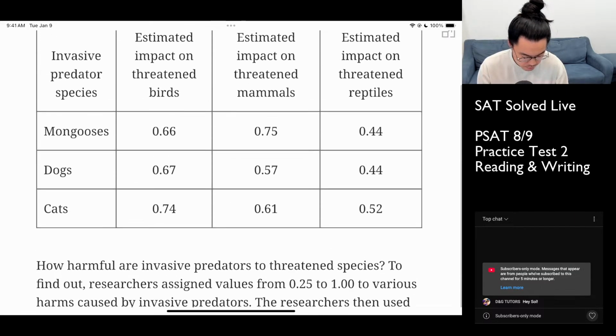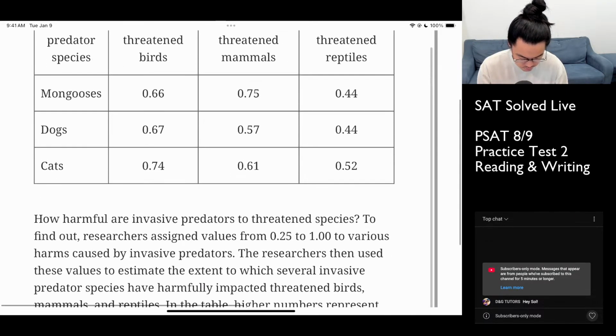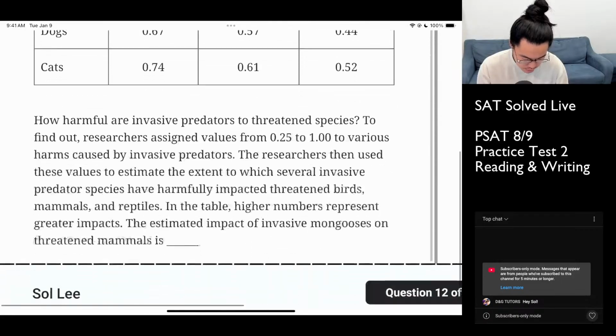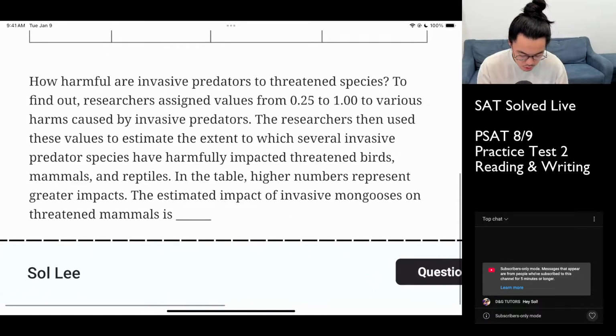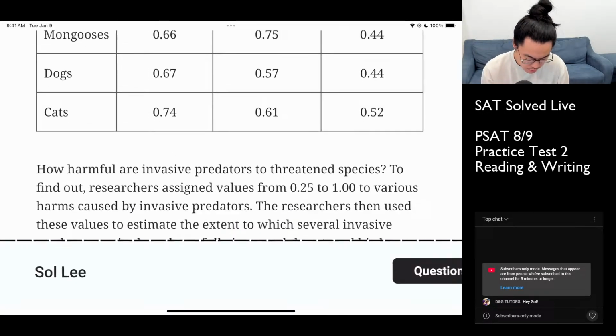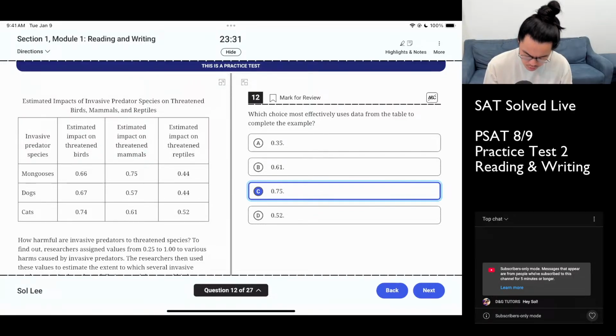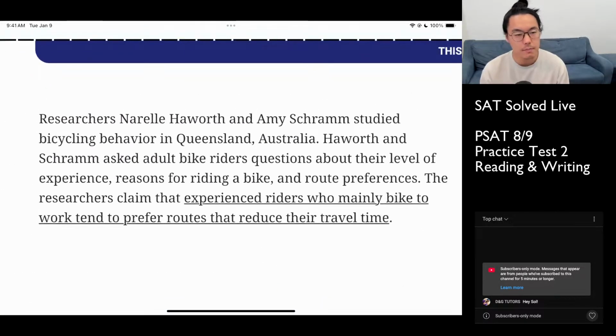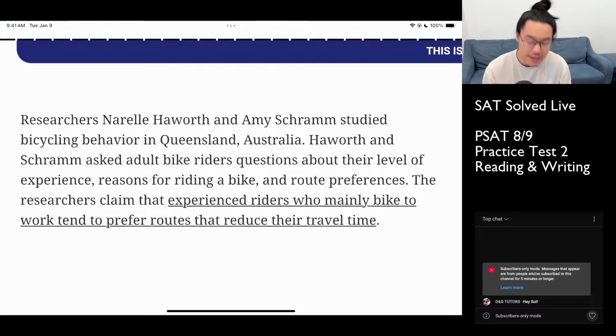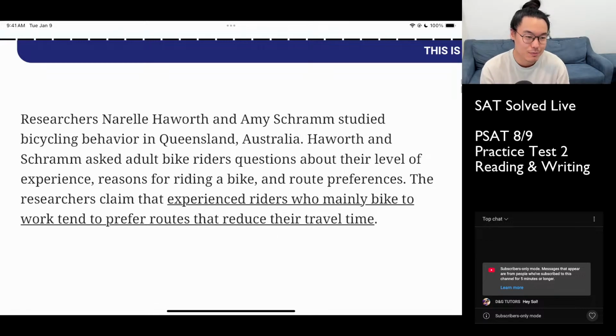All right. Cats on reptiles too. Okay. How harmful are they? I'm kind of jumping to the bottom. In the table, higher numbers. The estimated impact of mongooses on mammals is 0.75. Got it. Really easy. This is right, because this is a PSAT. You know what? I think I'm forgetting the fact that I'm solving a PSAT, so I'm just surprising myself at how easy this is the whole time, which is kind of silly.